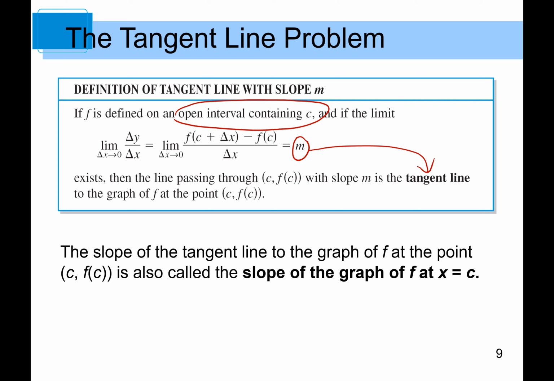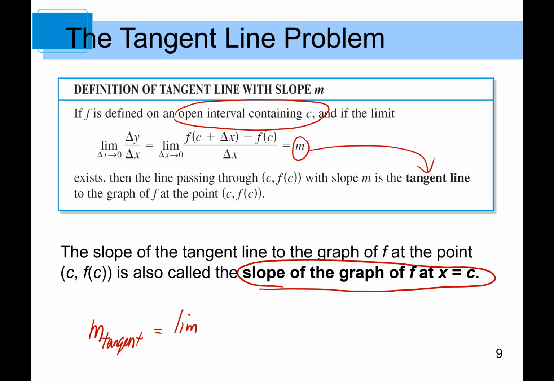The slope of the tangent line to the graph of f at the point C, f of C is also called the slope of the graph of f at x equals C. So the slope of the tangent line equals the limit, as delta x approaches 0, of f of C plus delta x minus f of C over delta x.